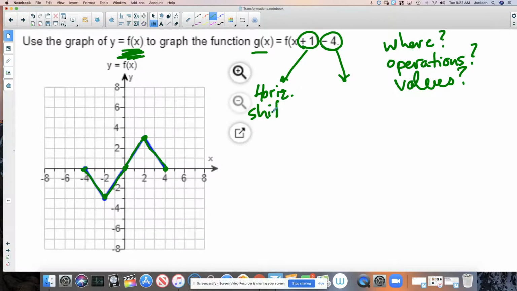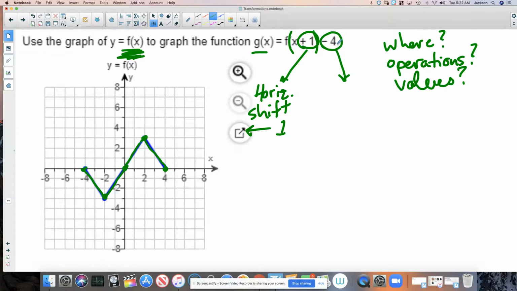The last thing we need to know is what is the value. Remember that anything that happens inside parentheses, any inside operation, is opposite. So even though this says +1, this graph is going to horizontally shift to the left. All horizontal operations are the opposite of what we see here. Let's look at this other operation.